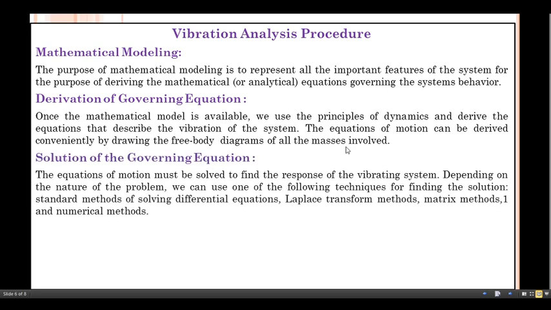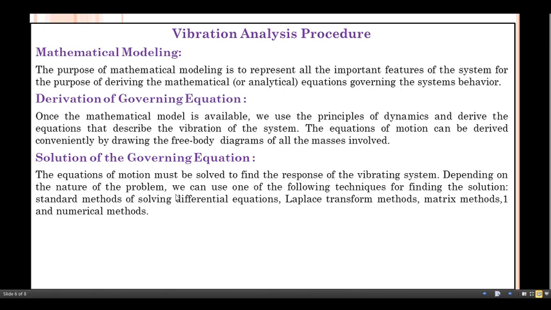So the next one is the solution of the governing equation. Once the mathematical modeling step is over, next comes the derivation of the governing equations with the help of various methods. The equations of motion must be solved to find the response of the vibrating system.